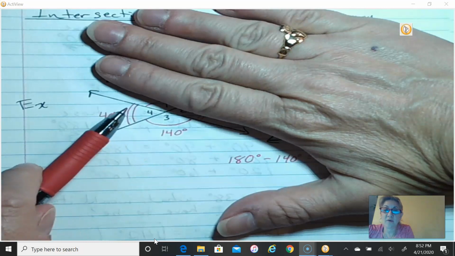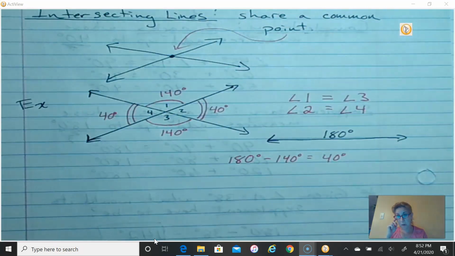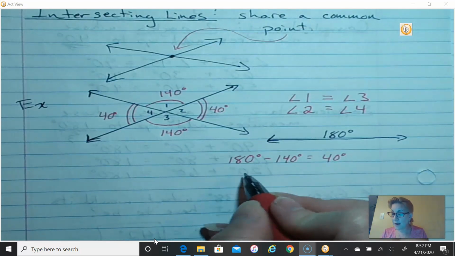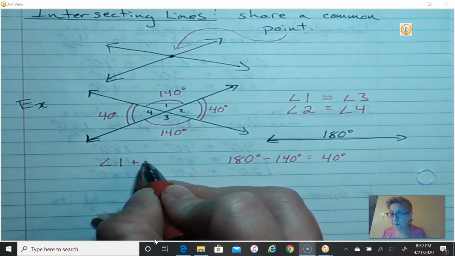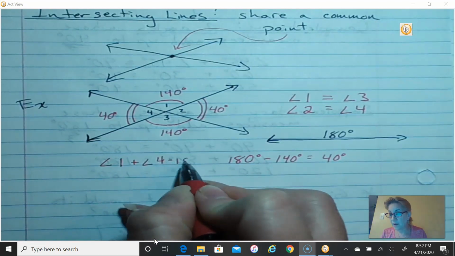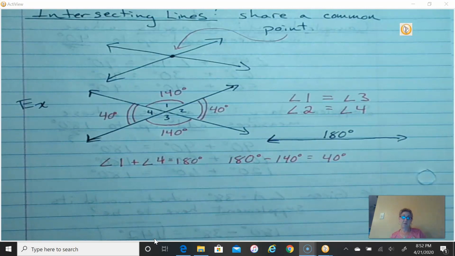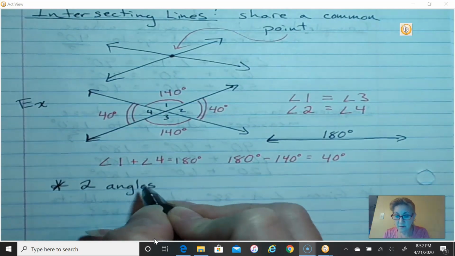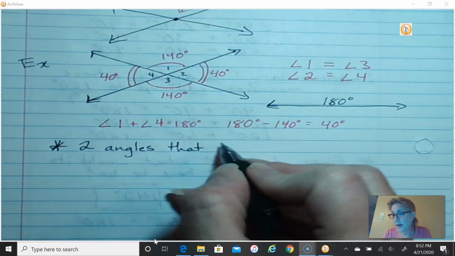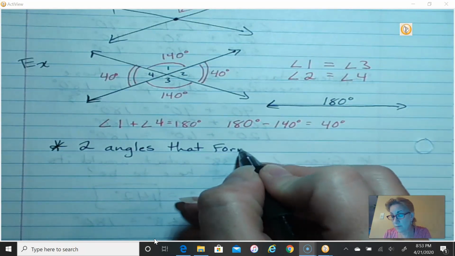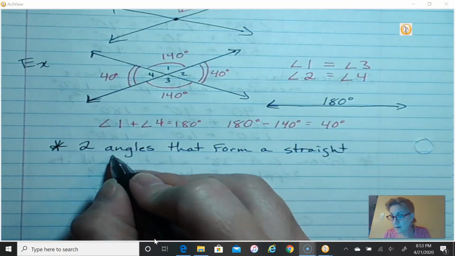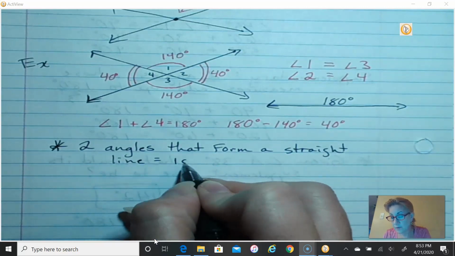Both angles, when added, will give you 180. They're supplementary. So you could say angle 1 plus angle 4 is 180. Two angles that form a straight line equal 180.